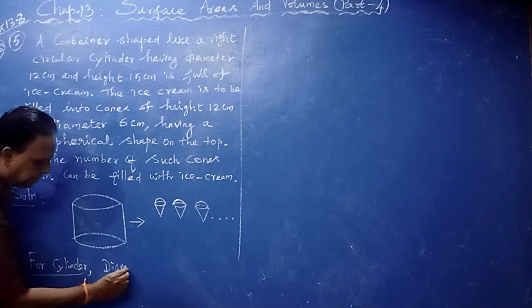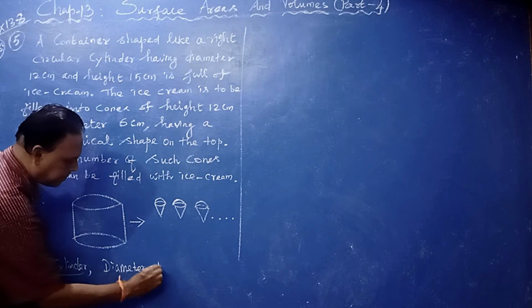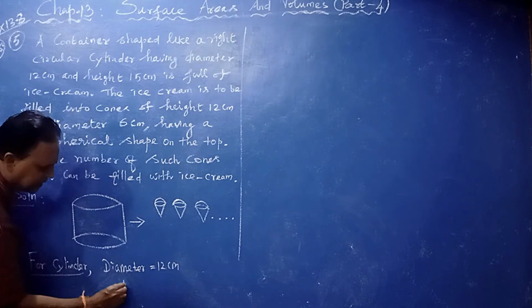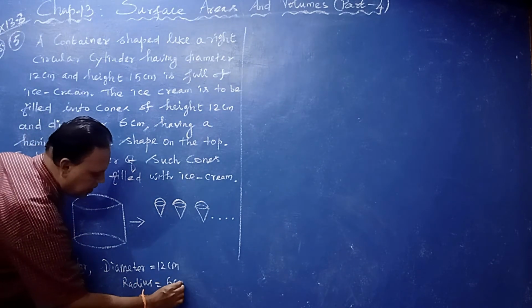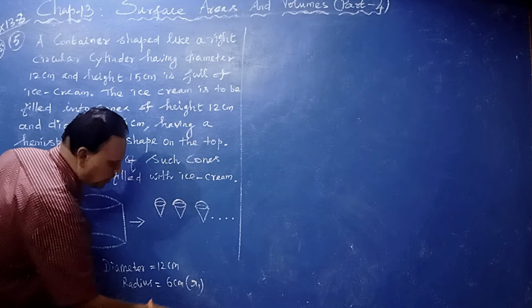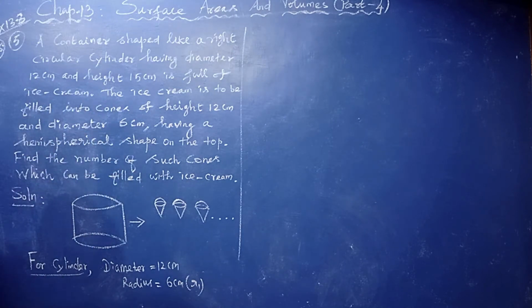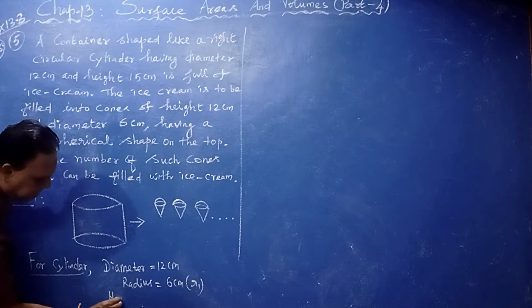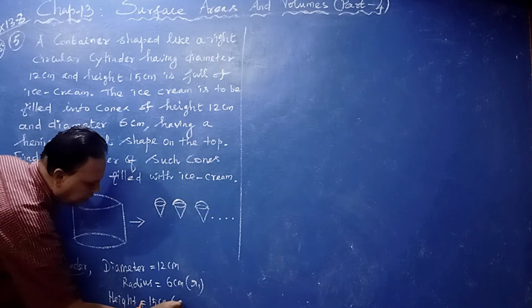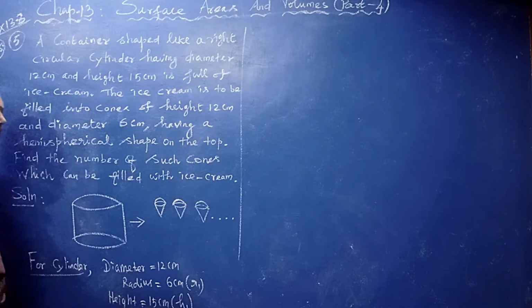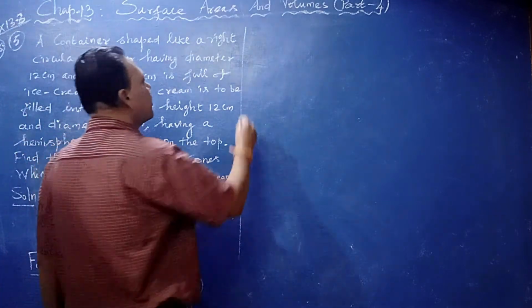Diameter 12 centimeter means radius equal to 6 centimeter. So you take R1, because two radii are coming. Then height is given, height 15 centimeter. That you take H1, right?